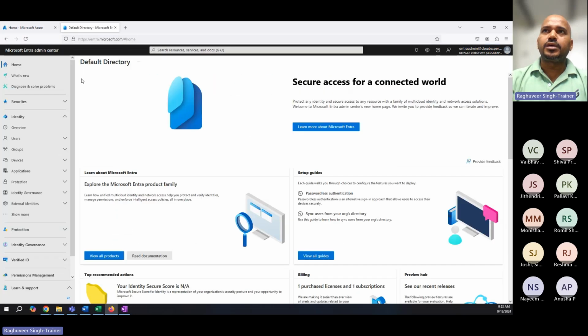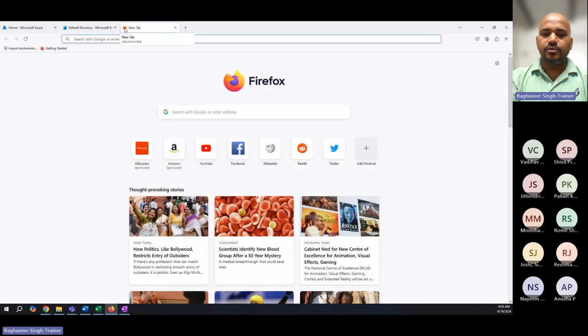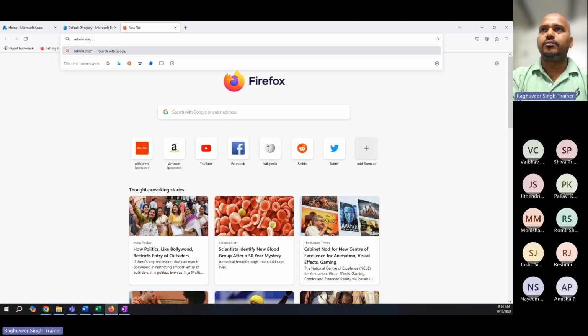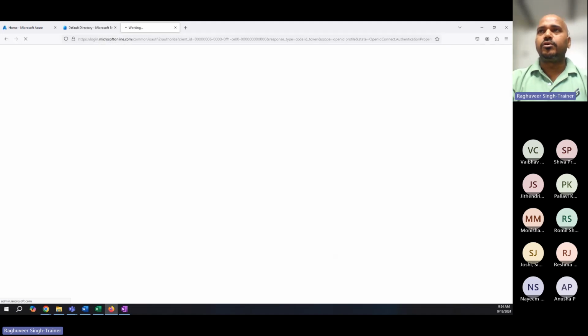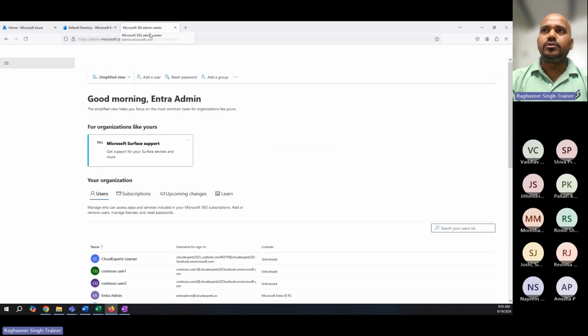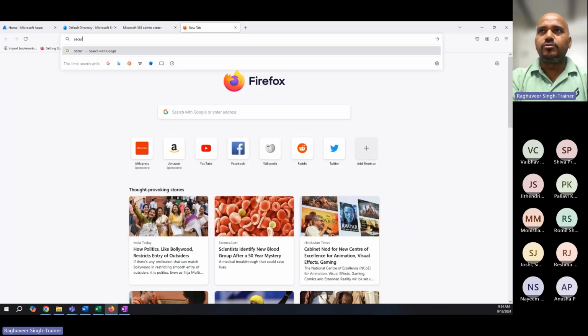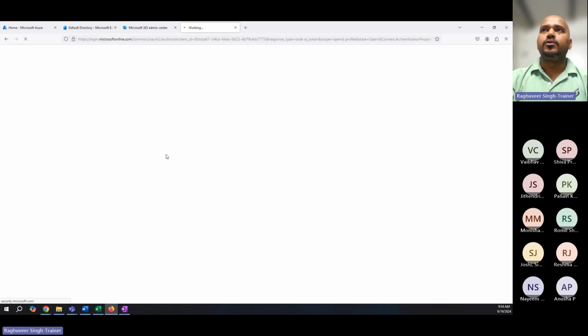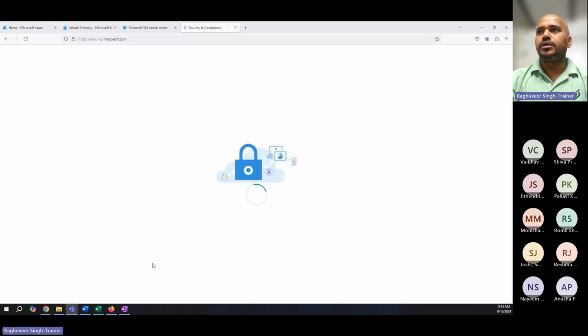On the same browser, I sign into another portal, let's say admin.microsoft.com. You will notice that it will not ask me for credentials because it uses the same set of credentials to authenticate to all the portals. I can also open security.microsoft.com. It would not ask me for credentials for any of these portals. They all use the same credentials.